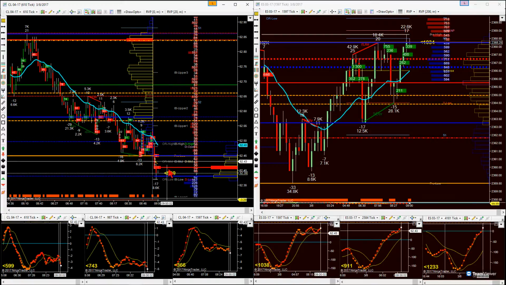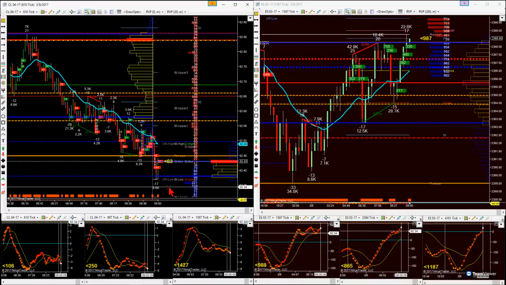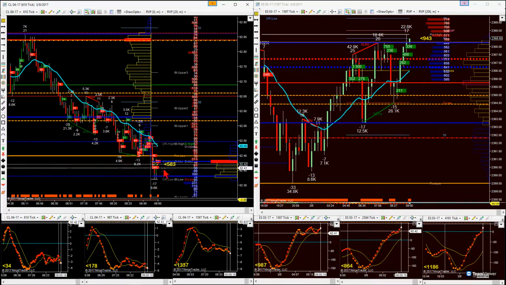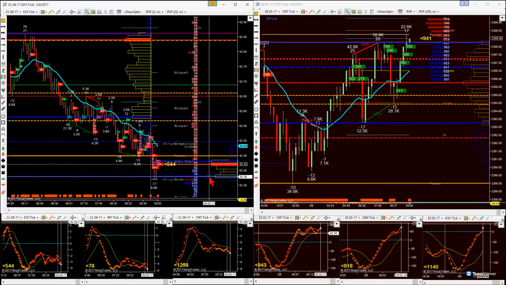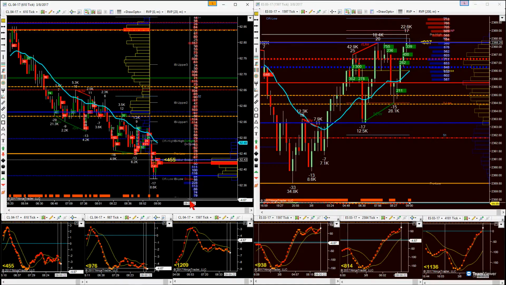Immediate push down right through the open low. You can see the big sell orders here. These are, in my opinion, orders that were placed saying that if they break, they want to start shorting, building up some more sell orders down here.